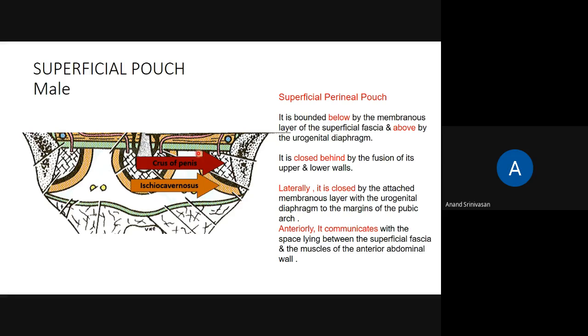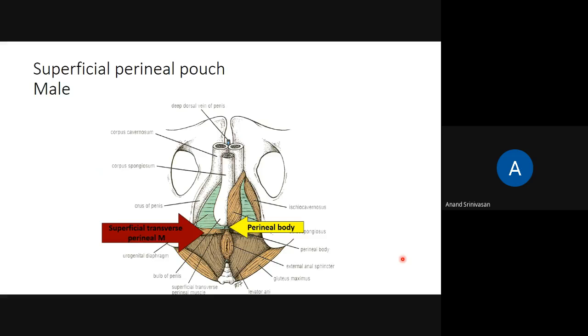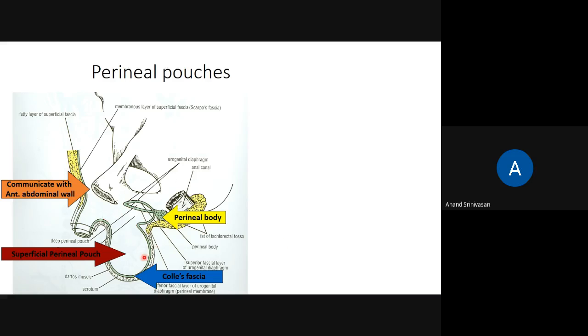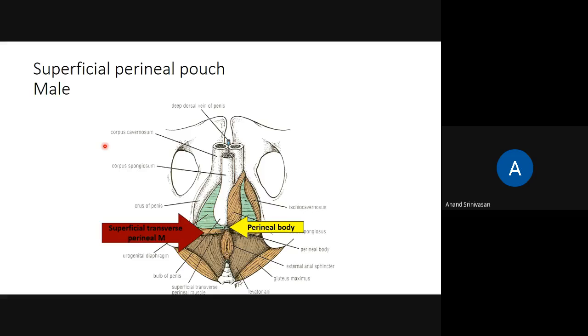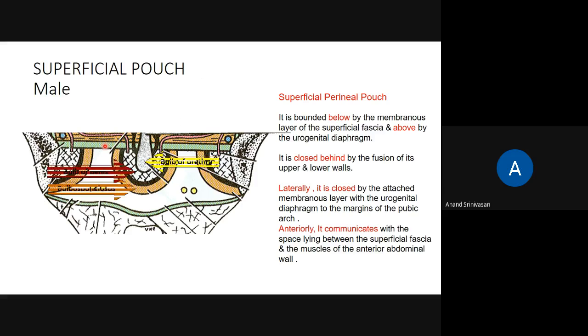Here you can see that it is getting attached to the membranous layer and along the margins of the pubic arch. Anteriorly, it communicates with the anterior abdominal wall, as we have seen in the first picture. Here you can see the boundaries of the superficial perineal pouch, anterior and posterior, and it communicates with the anterior abdominal wall.